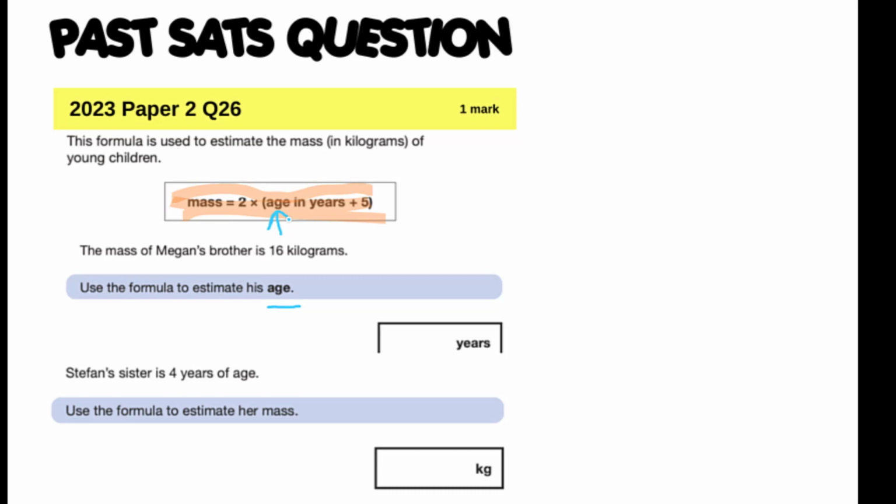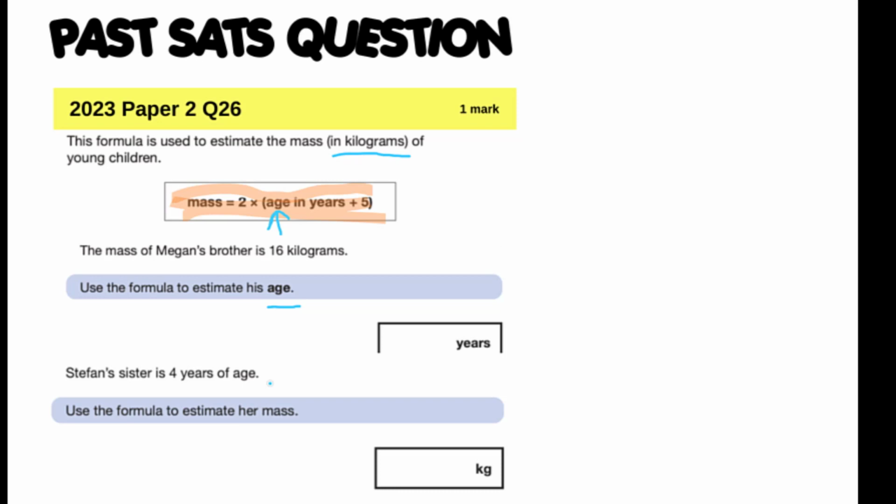Okay, so let's look at the formula. The mass, at the top it says in kilograms. So the answer in kilograms is the same as the age in years add 5 doubled, because it's 2 times and then in brackets the age in years plus 5.